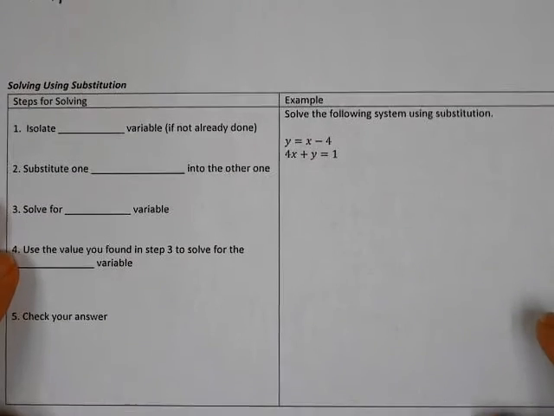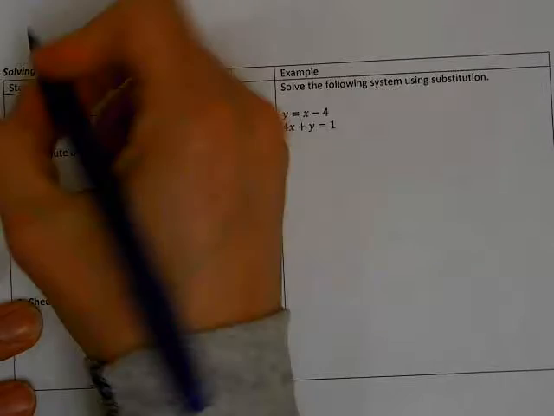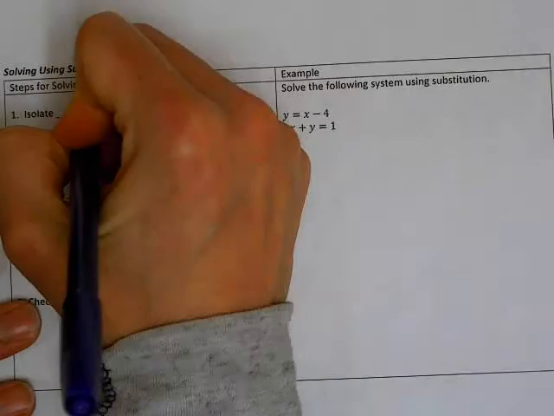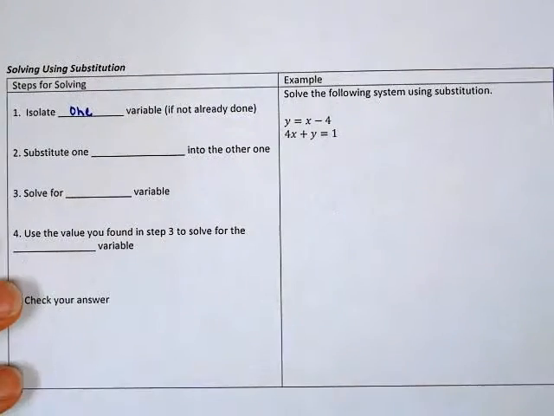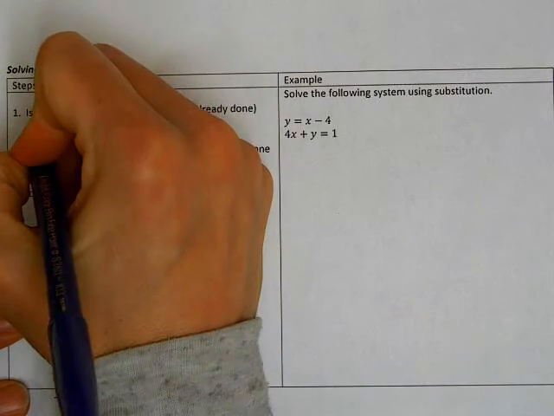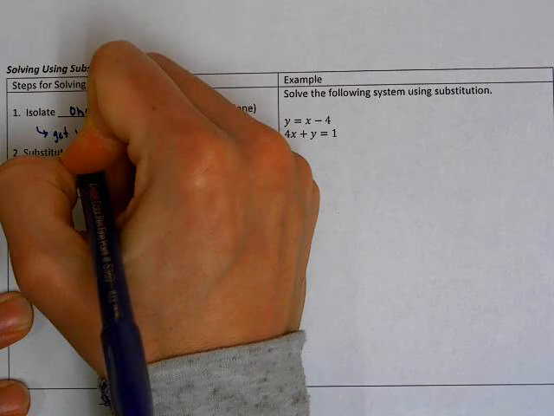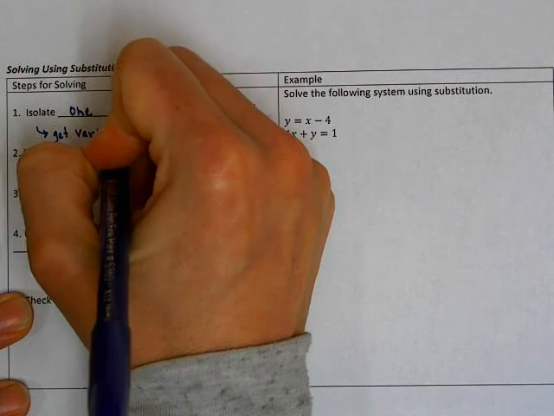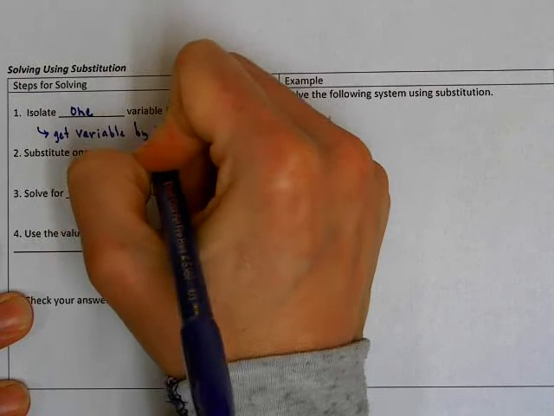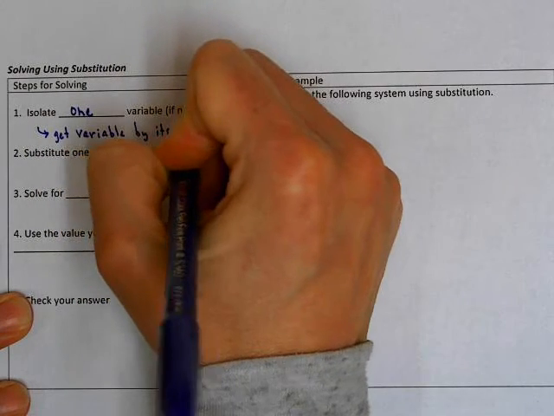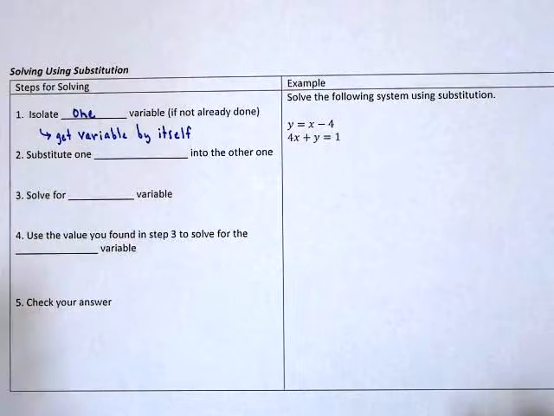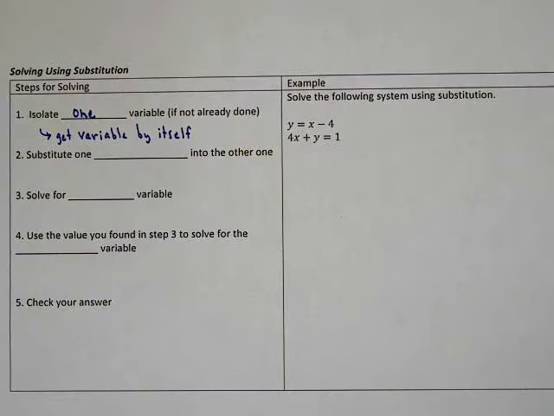So when we're solving, we're going to isolate one variable, if not already done. What that means when we isolate is we get it by itself. So when I look at my system of equations, I'm hoping that one equation has a variable that's already by itself.